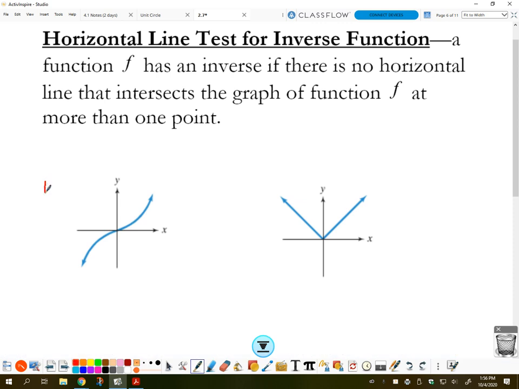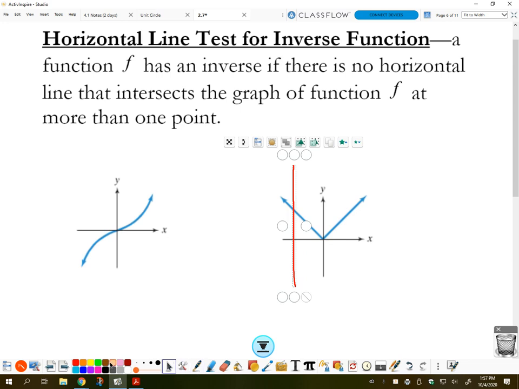Pretend like that's nice and pretty and vertical. If I move that vertical line across my picture, it only touches one time, so that's a function. Same thing happens over here.